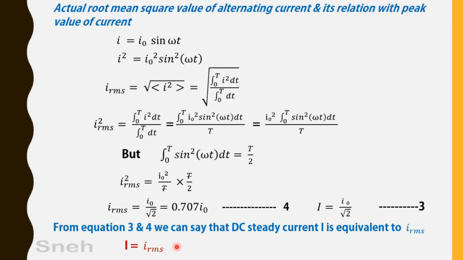Due to that we say that ammeter and voltmeter are not measuring zero value for the alternating current and alternating EMF, but which value are they measuring? They are measuring the RMS value. And this RMS value is important due to the measurement aspect.